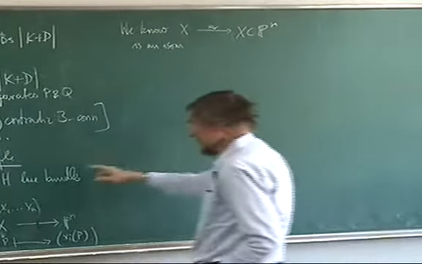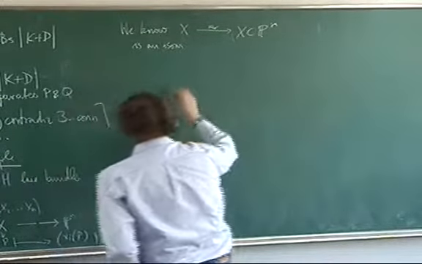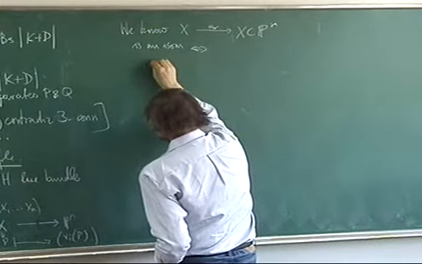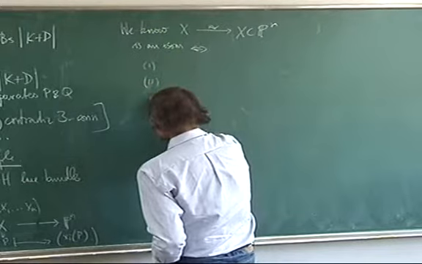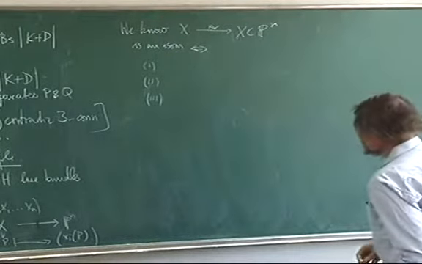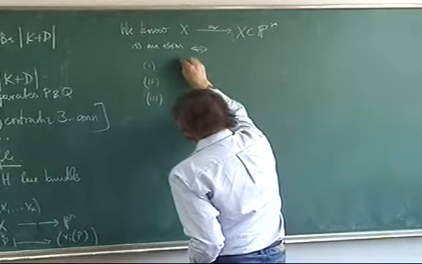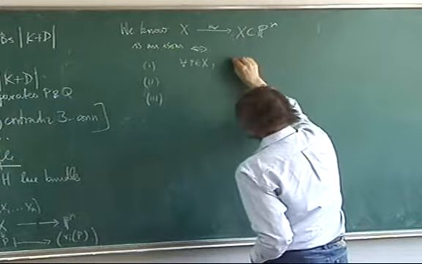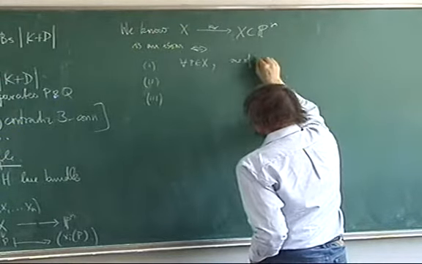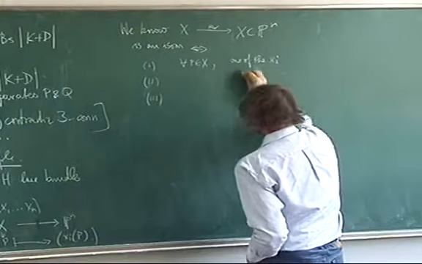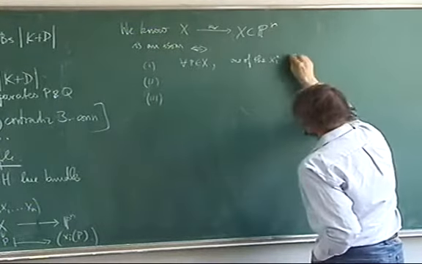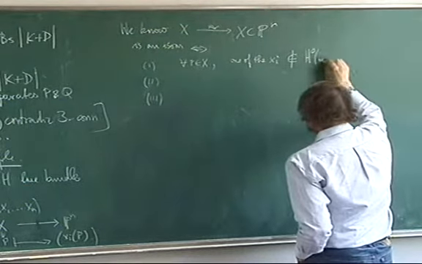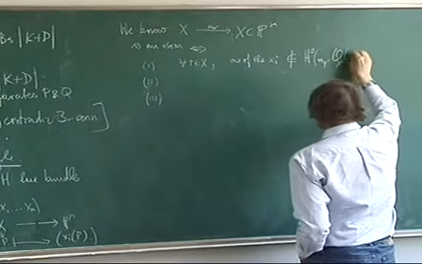Okay, so that's this criterion for very ample. If and only if, let me state it as three conditions, although it's really just two conditions. The third is you can write 2 and 3 together. So for all p in X, one of the xi is not in H^0 of m_p times O_X(H).